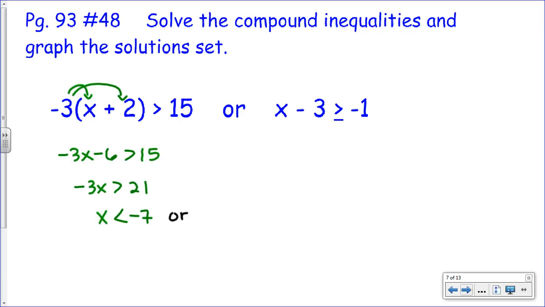For this one, all I have to do is add 3. So I have x is less than -7 or x is greater than or equal to 2.